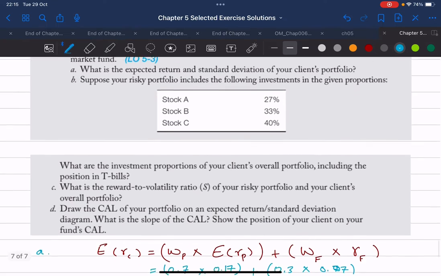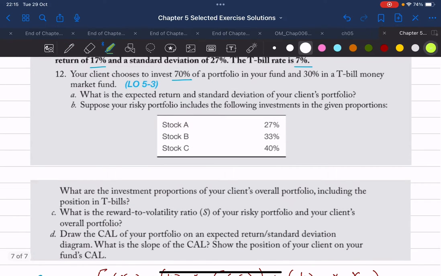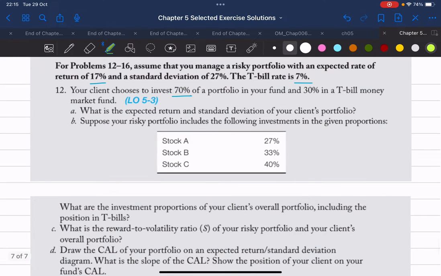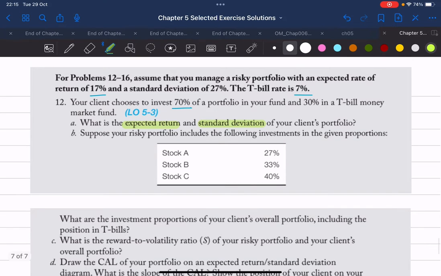Now, the second part of the question says, what is the expected return? That's what we just calculated. And also, what is the standard deviation? Now, we already know the standard deviation of the risky portfolio is expected to be 27%.